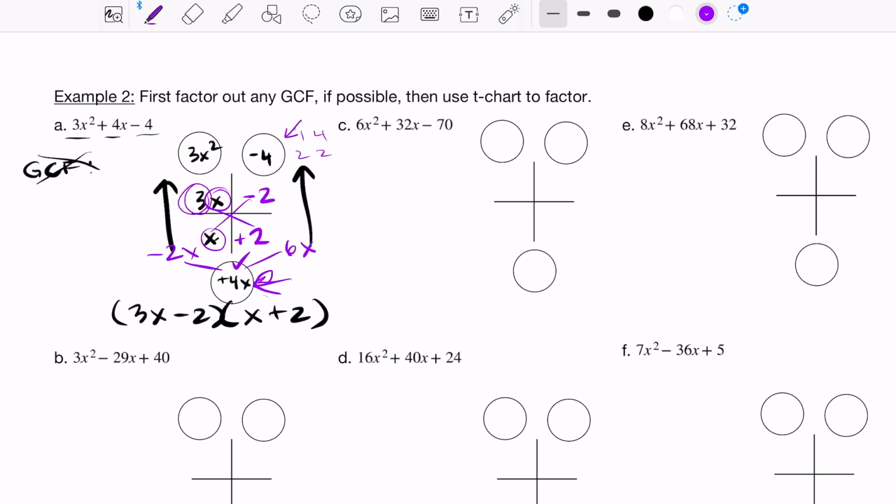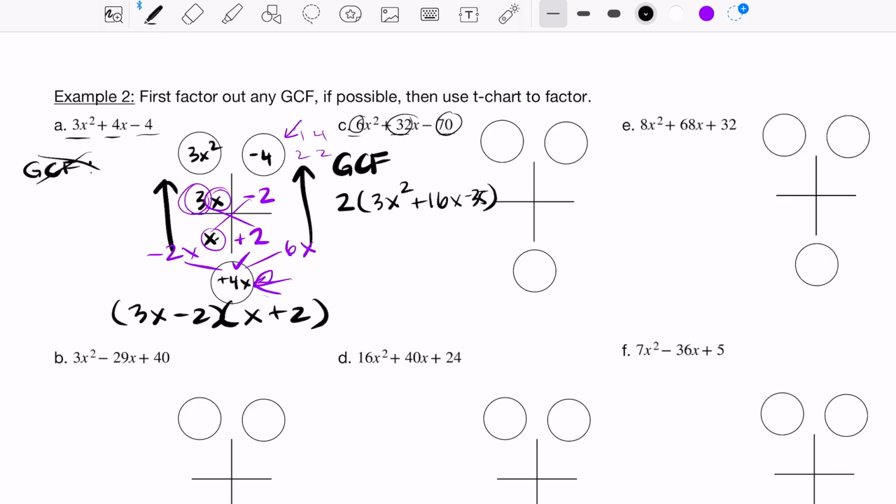Okay, let's take a look at the next one. Ms. Wilkins said, go check first the GCF. Is there a number and or a variable? And since these are all even numbers right here, they're all divisible by 2. So if I pull out that 2, I have 3x squared plus 16x minus 35.